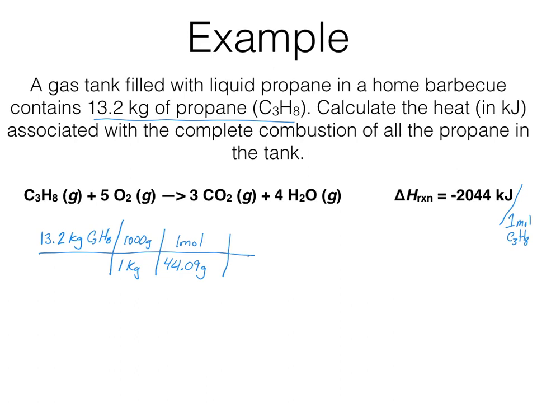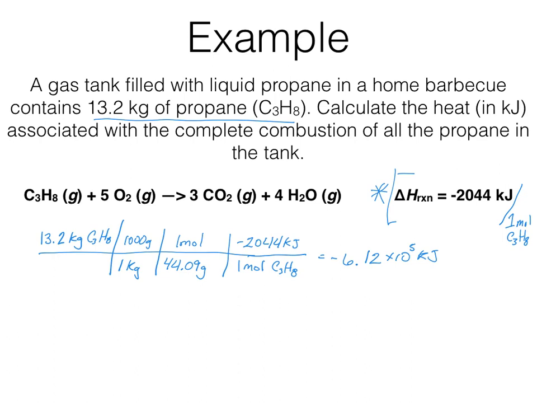But now I need to go to energy. And so that is where I use this delta H of reaction, that I know for 1 mole of propane, I get a negative 2,044 kilojoules of energy. And so if I solve this, I get negative 6.12 times 10 to the 5th kilojoules of energy out whenever I burn all of the propane in this tank.